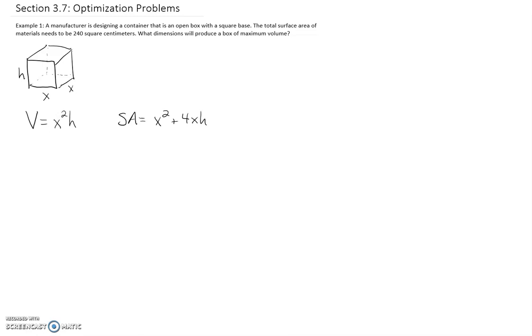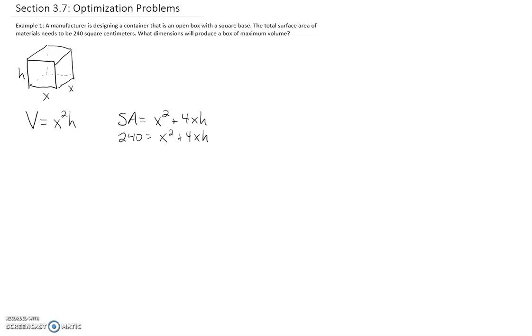If you didn't have an open box, you would also have the area of the top, but because we have an open box, we're not including that in our surface area. Because we know that must be 240 square centimeters, we can say that 240 is equal to x squared plus 4xh.